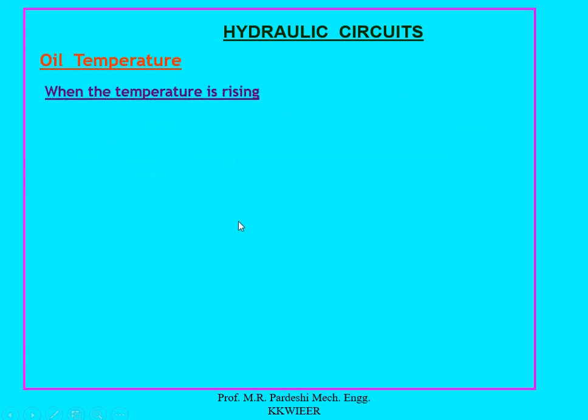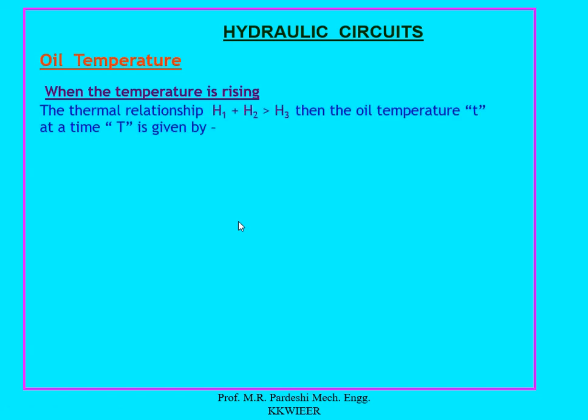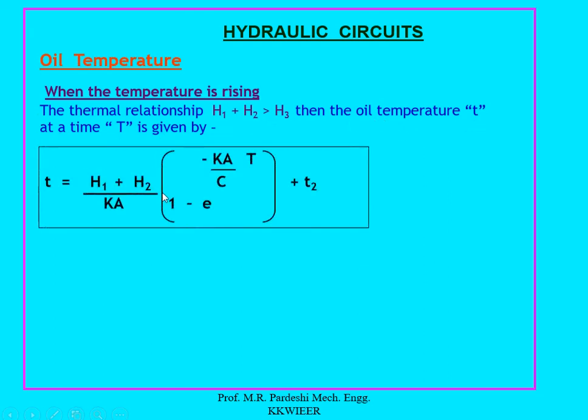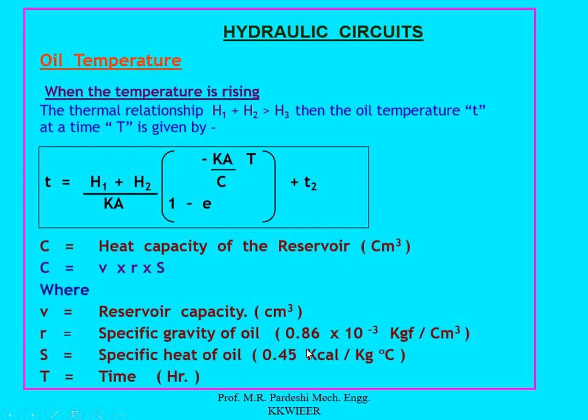When the temperature is rising, the thermal relationship is H1 plus H2 greater than H3, then the oil temperature T at a time t is given by T equals H1 plus H2 upon KA into 1 minus e raised to minus KA upon C into t, plus T2.